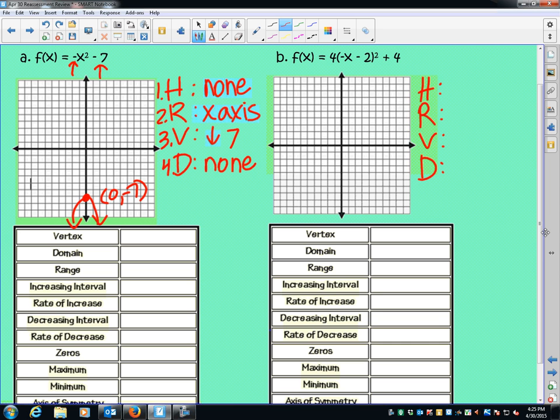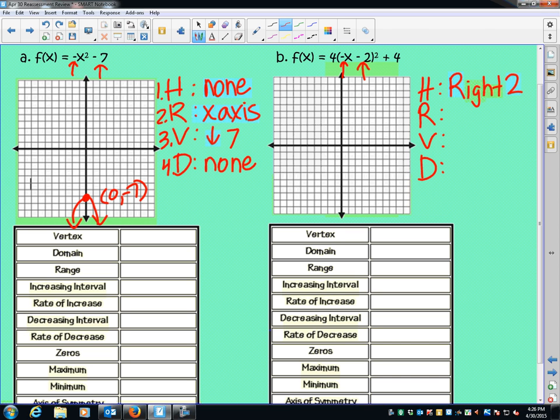Okay, let's do the same thing over here. This one is a little more involved than part A. Okay, so we have horizontal shift in the parentheses. Remember, it is always opposite of what you think. So -2, we would really think left, but it's opposite, so it's going to go right 2. Our reflection is a negative that is inside the parentheses.